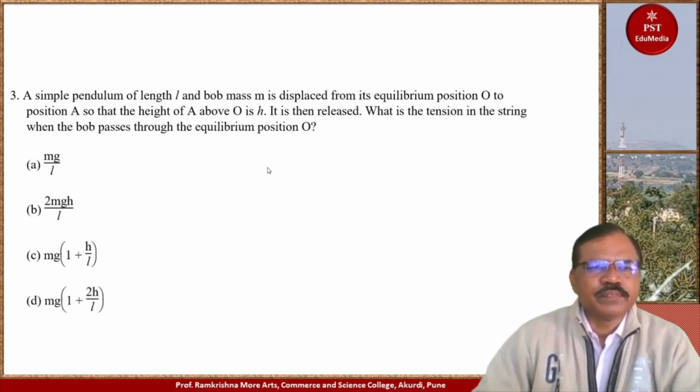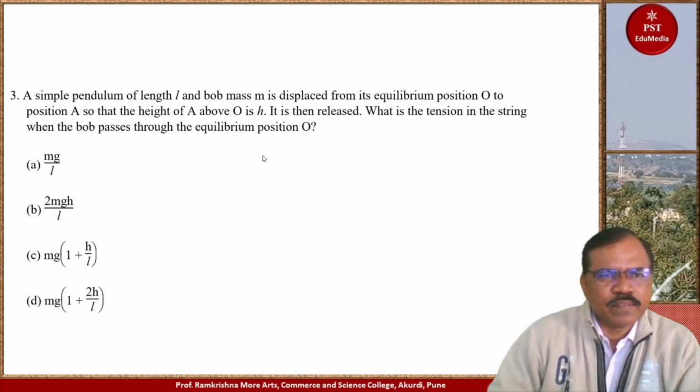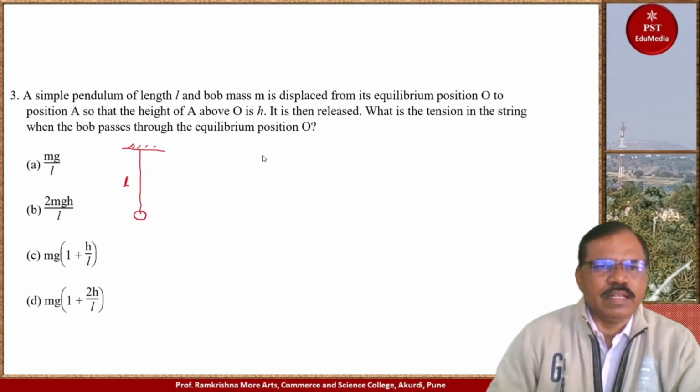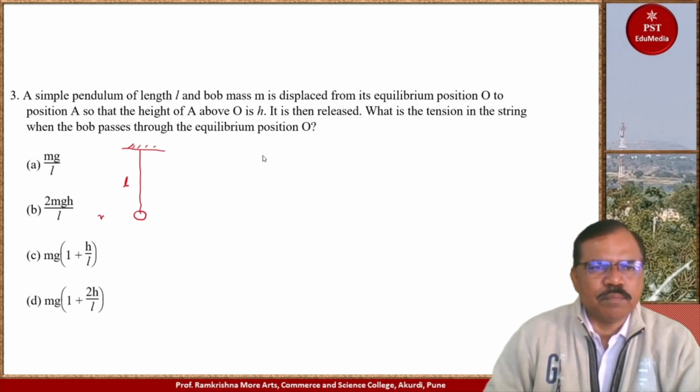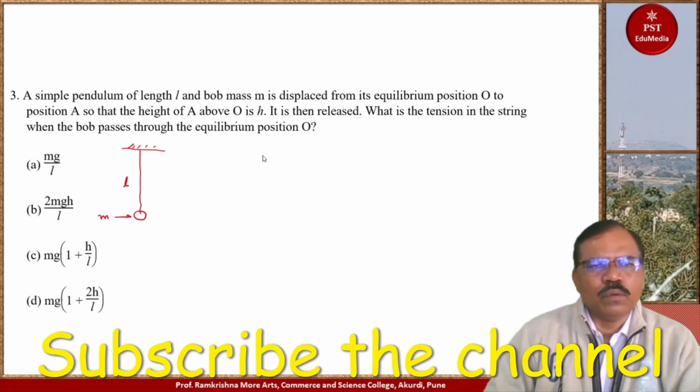Here I will take the same thing: a simple pendulum of length L. This is the bob of mass M. Now it is displaced, so its position is here, and with respect to the equilibrium position O, it is displaced through h.